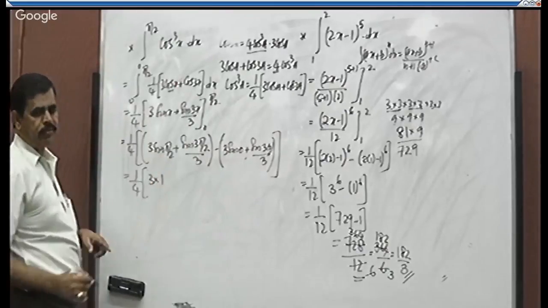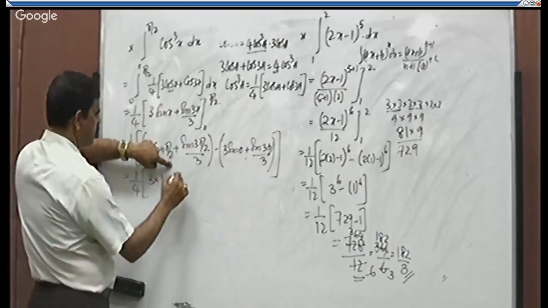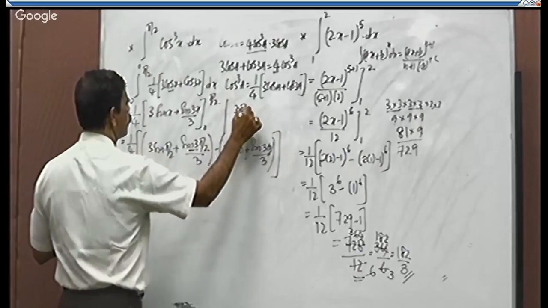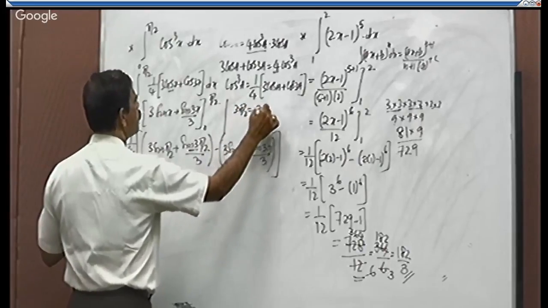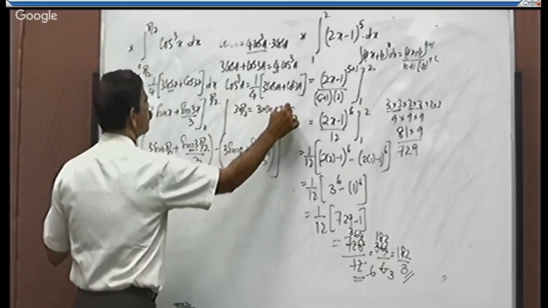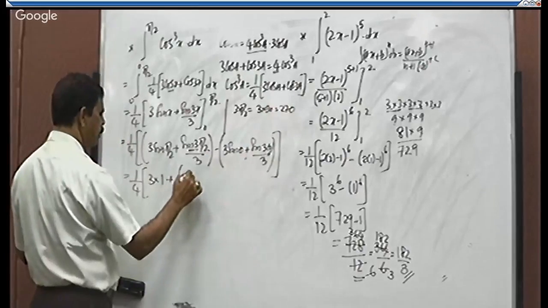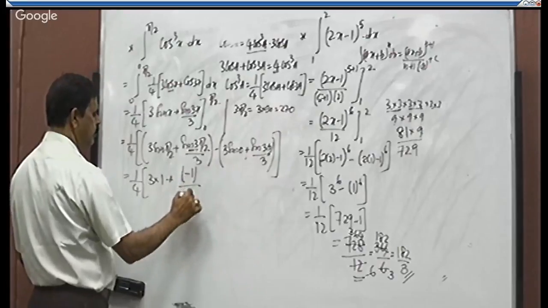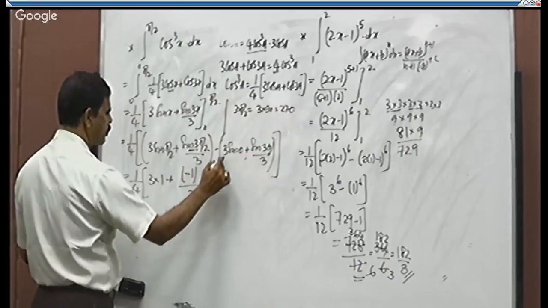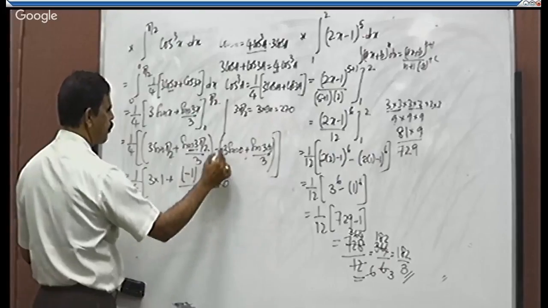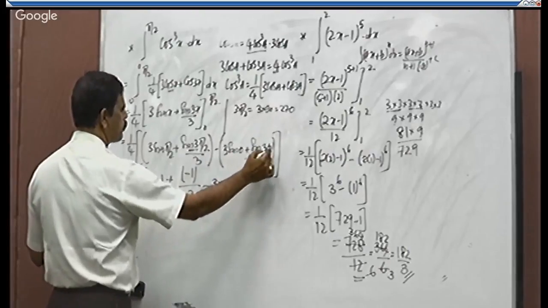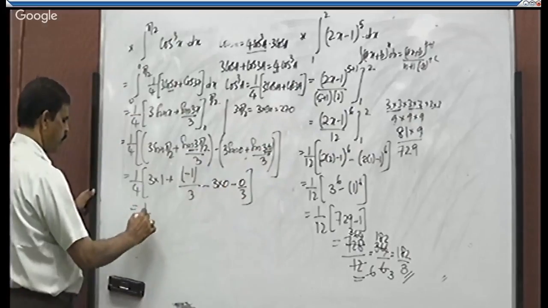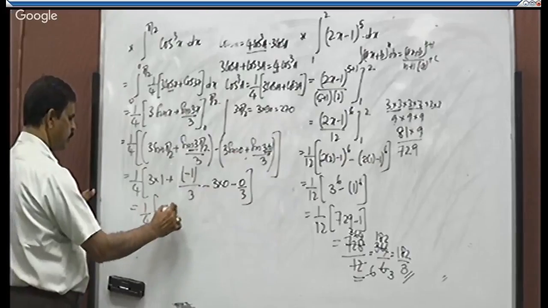Sin 90 is 1, plus sin 270. 3 into pi by 2 is equal to 3 into 90, it is 270. Use calculator. You will get minus 1 for sin 270, divided by 3. Minus 3 into sin 0, sin 0 is what? 0, 0 by 3. So now I have only 3 minus 1 by 3.